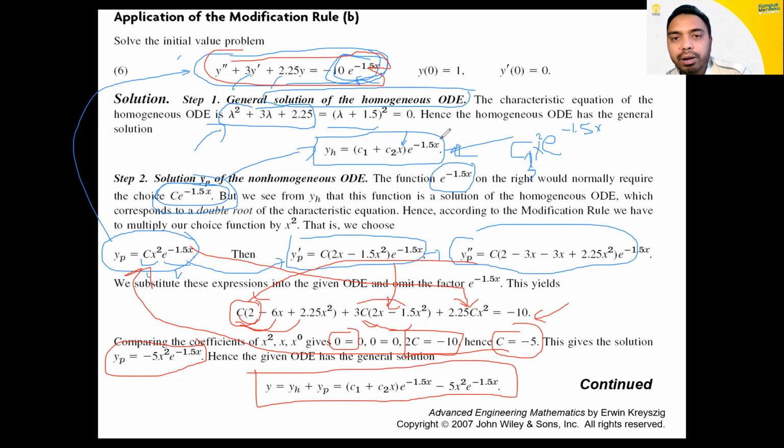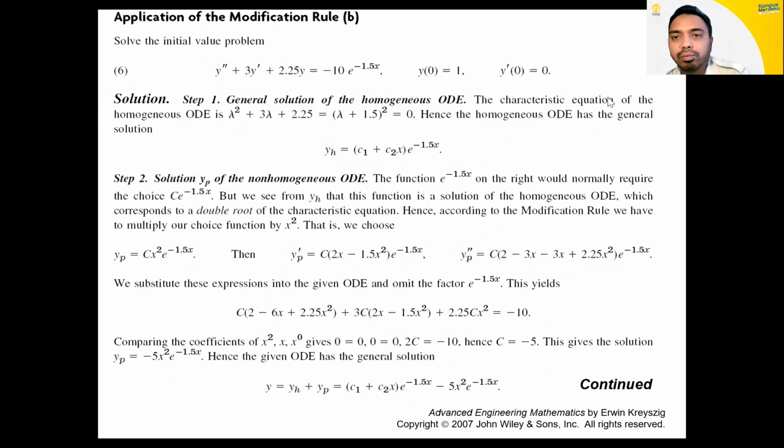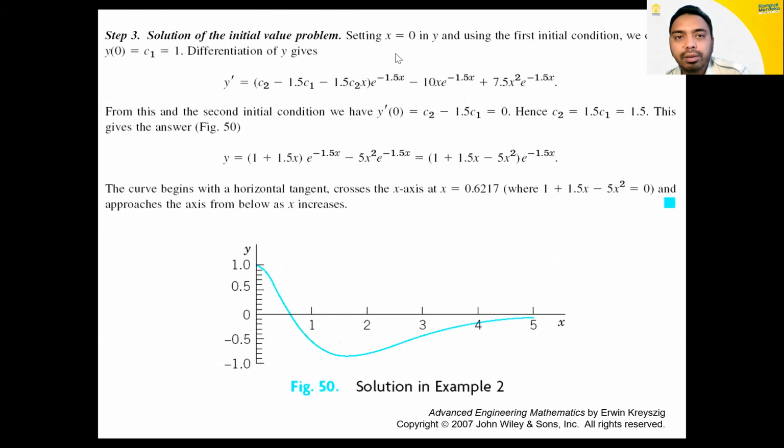Well, on this particular problem, you are required to find a particular solution. So you are going to utilize these two initial values. You substitute them into this equation to get C1 and C2. If you do that, you find that y prime is equal to this, just the derivative of that.